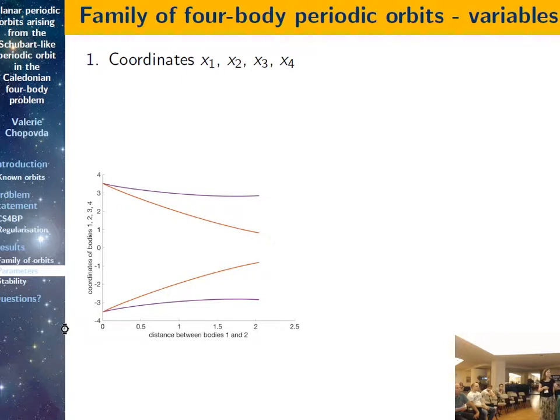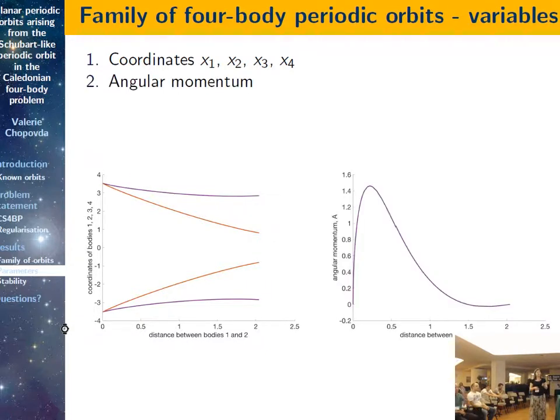And the coordinates of the outer bodies first decrease until a certain value, and then they start to increase again. If you look at the angular momentum of the system, it first increases until it reaches a maximum, then it decreases down to 0, to a negative value, and then back to 0, which is the semi-choreography orbit.